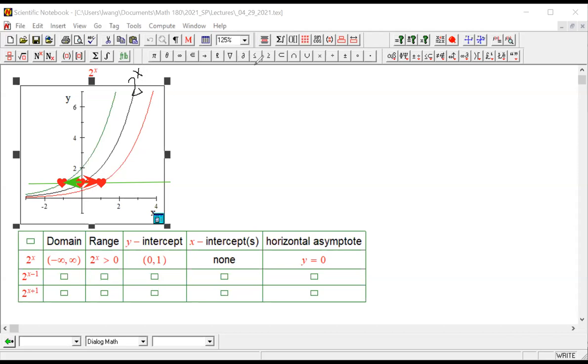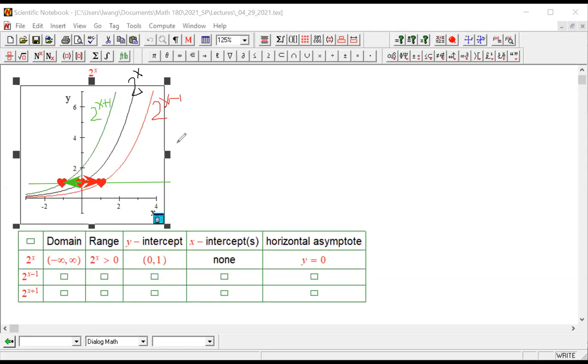And the red, what is the red? 2 to the power of what? x plus 1 or x minus 1? Minus 1. That's right. Very good. And the other one, what is this one? 2 to the power of x plus 1. Perfect. You got it.